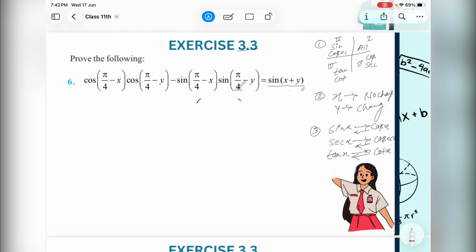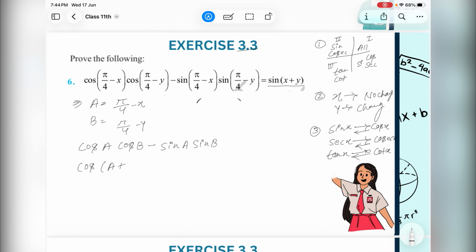So we can write this as cos a cos b minus sin a sin b, that is cos(a plus b).